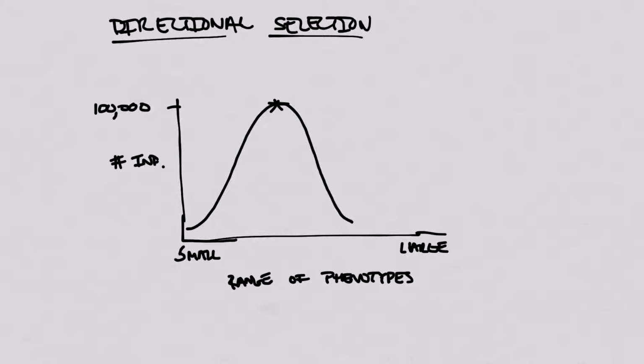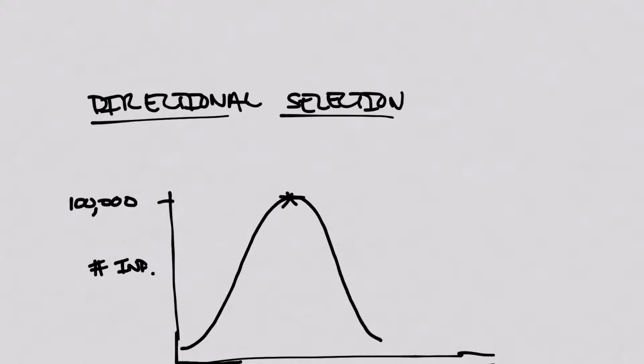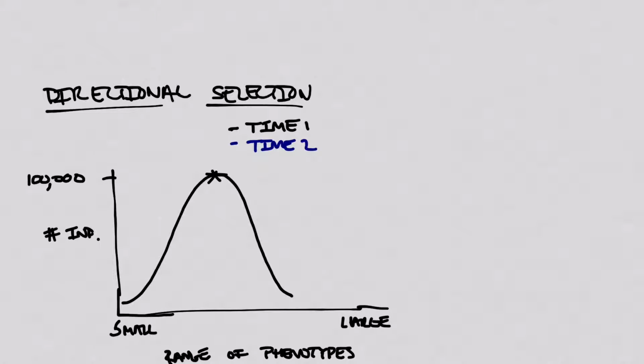A type of directional selection would be, if this black curve is T1, and this blue curve is time 2, say 10,000 years later, we might see the distribution of frogs look something like this. Over time, we see larger and larger frogs in the population, and now the mean frog is about this size right here.